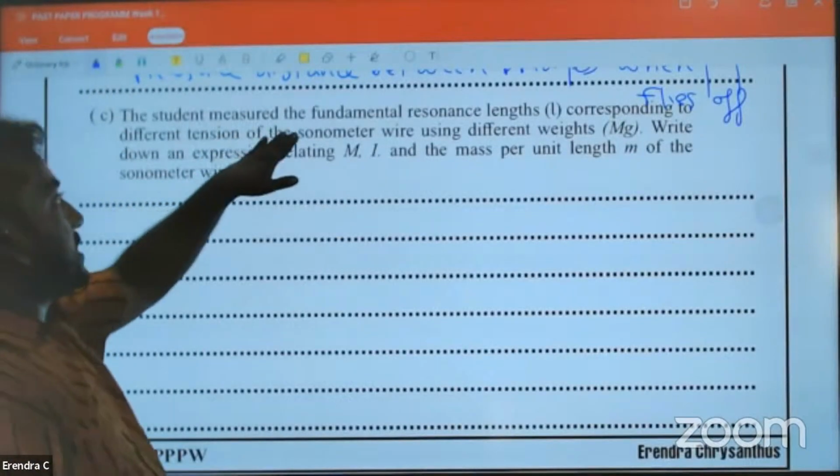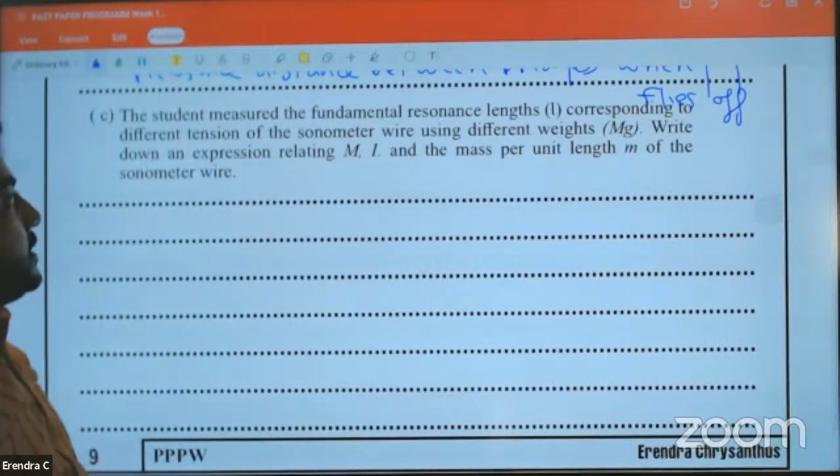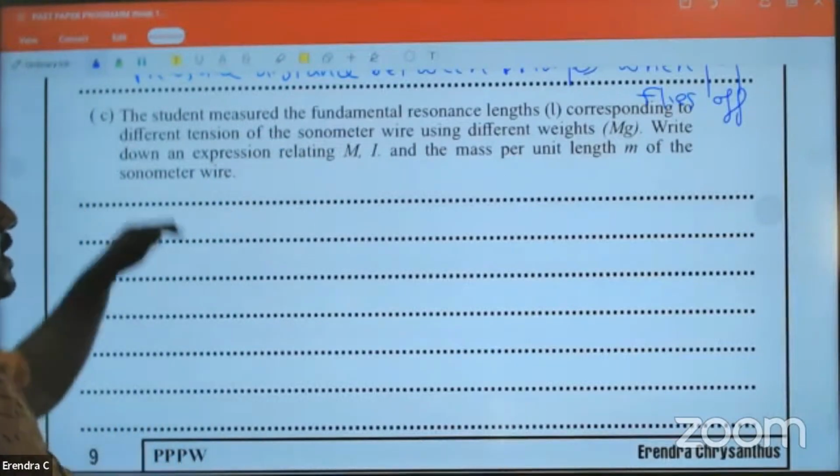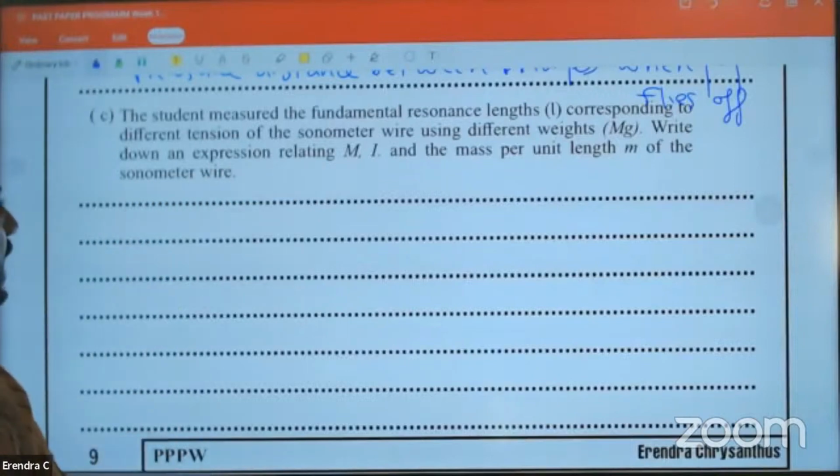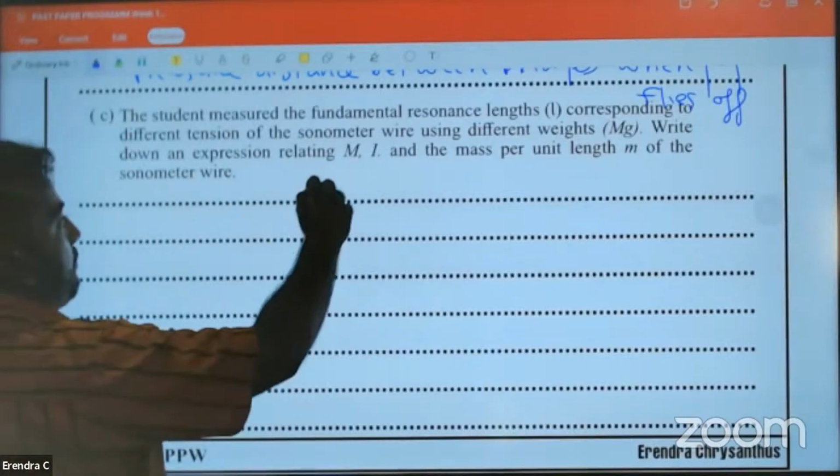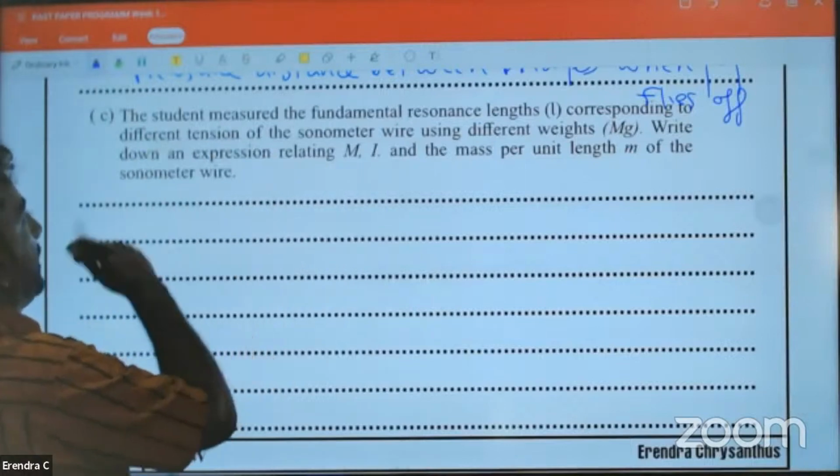A student measured the fundamental resonance length corresponding to different tensions of the sonometer wire using different weights. Write down an expression relating M, the mass per unit length of the sonometer wire.